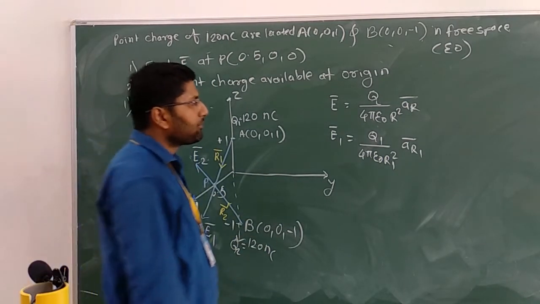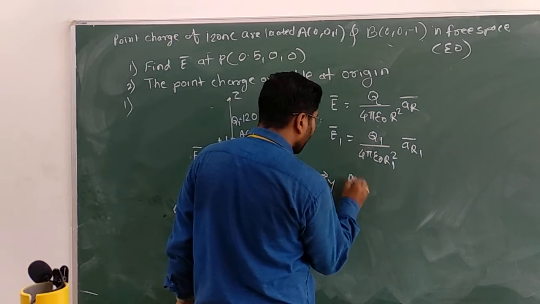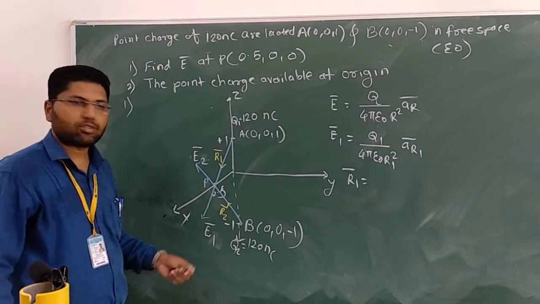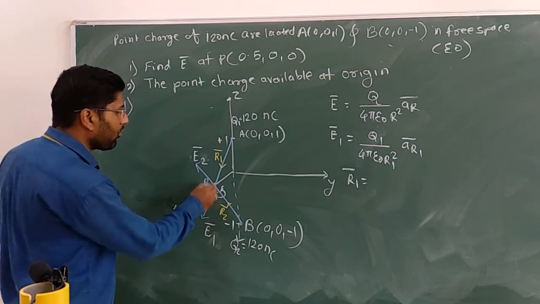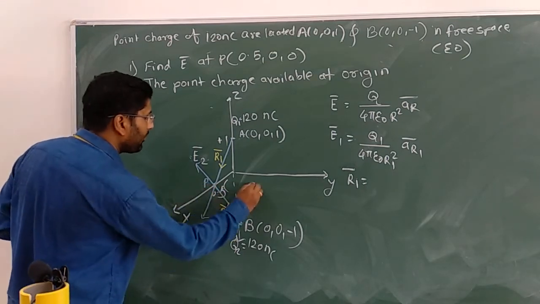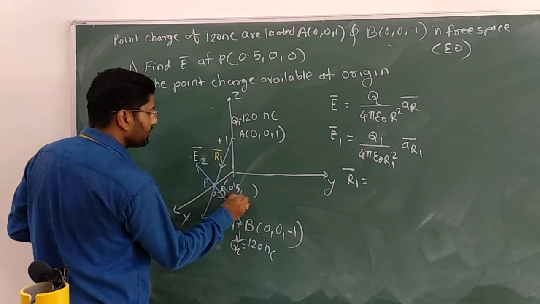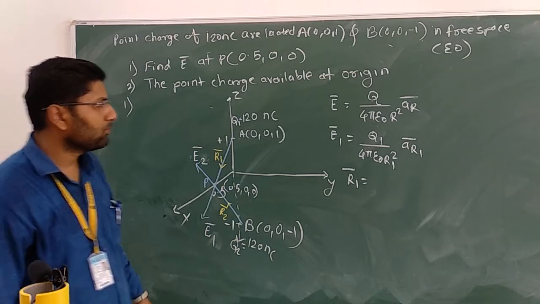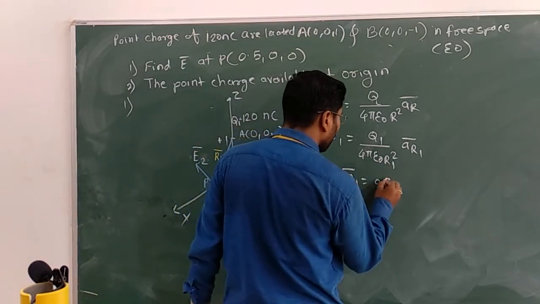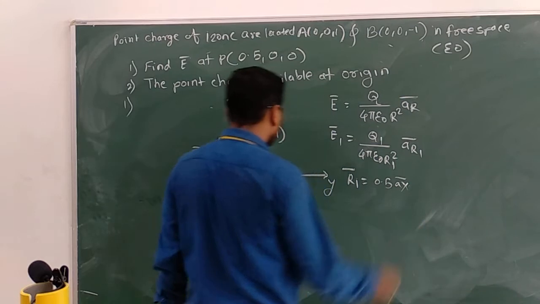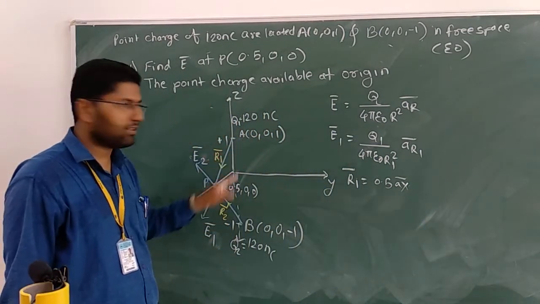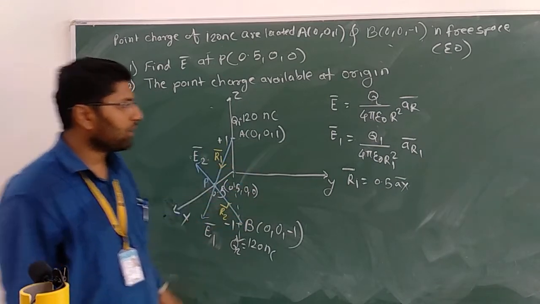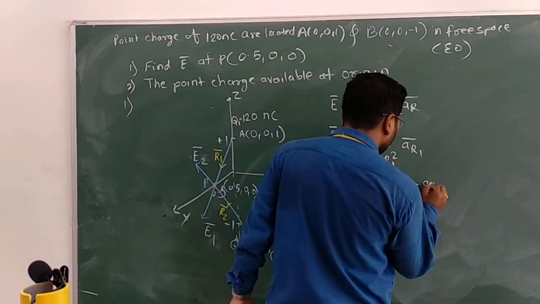Now calculate first R1 bar. How to calculate R1 bar? You know the procedure, final minus initial. What are the coordinates of the point P? Point P coordinates are 0.5, 0, 0. So final minus initial: 0.5 minus 0, that is 0.5 AX bar, 0 minus 0, and 0 minus 1, minus AZ bar.